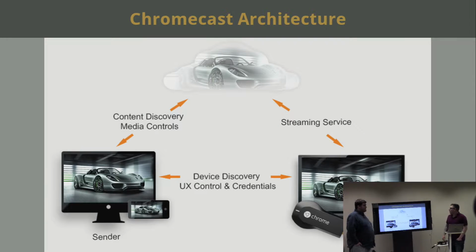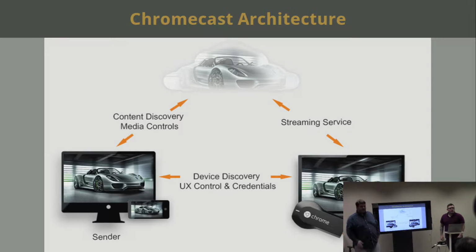To explain this architecture, we have this nice little diagram here that is actually incorrect, but we're going to use it anyway. Your sender application is going to discover your device based on what it sees on the network. This is not completely accurate, because it uses the cloud to find out which devices are near it.